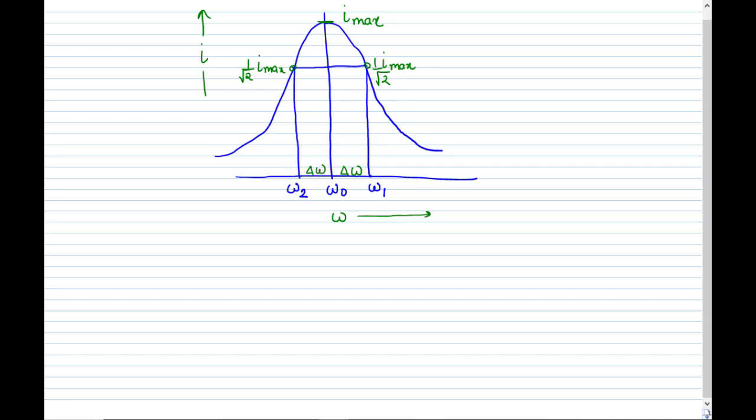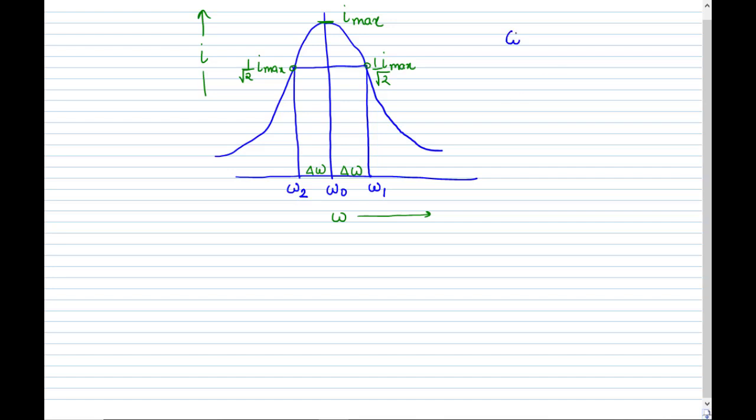So we get these 2 points. Here it is 1 upon under root 2 of the maximum value, and similarly here also. If we project these 2 points on the omega axis, then we have 2 points omega 1 and omega 2. So omega 1 and omega 2 are the frequencies at which the current is 1 upon under root 2 times the maximum value.